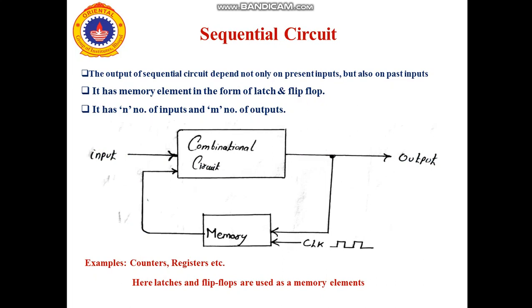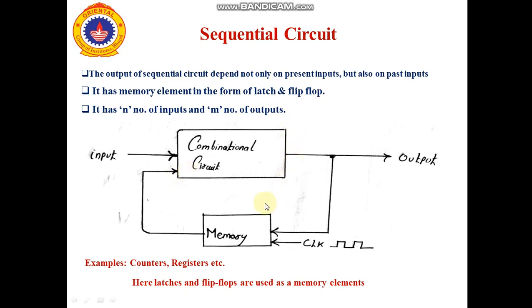In case of a sequential circuit, the output depends not only on the present input but also on the past input values. It has a memory element in the form of latches or flip-flops. Basically, latches and flip-flops are 1-bit storage devices. The sequential circuit also has n number of inputs and m number of outputs.